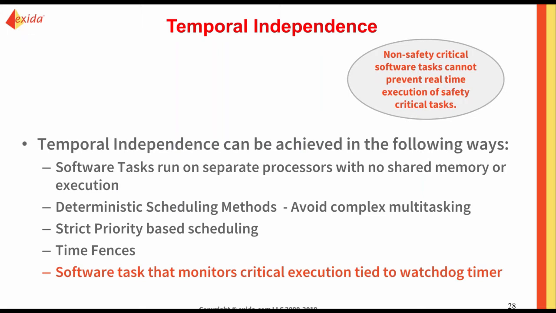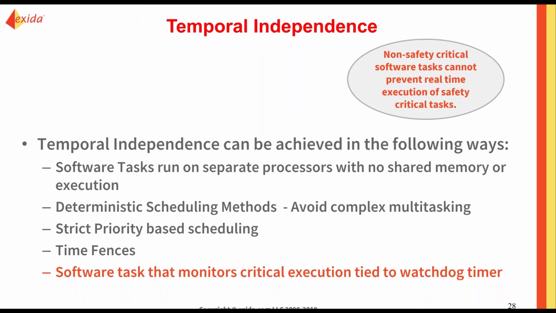Temporal independence means time, and the requirement is non-safety critical software tasks cannot prevent real-time execution of the safety critical tasks. There are many things we can do to make sure that is fine. We can have software tasks running on separate processors. We can use very deterministic scheduling methods and avoid complex multitasking. We can use strict priority-based scheduling.